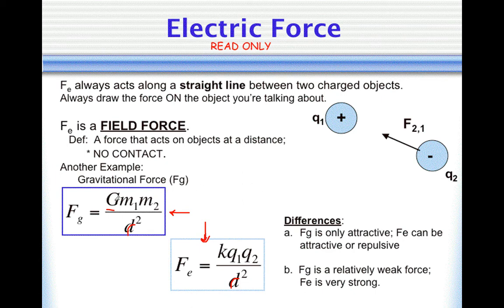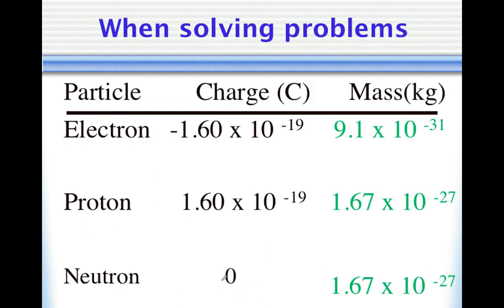The idea is, remember, G is a really small number to counteract large masses like two planets next to each other. So this is a very large attraction, Newton's gravitation, while Coulomb's is very small, but everything's pretty much the same. It's just that the constants are different. The G is different than the K, but everything else is pretty much the same.